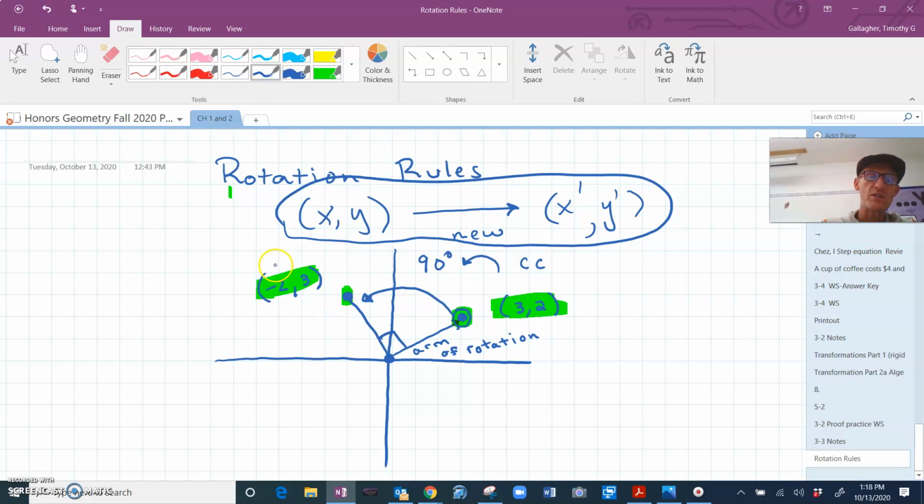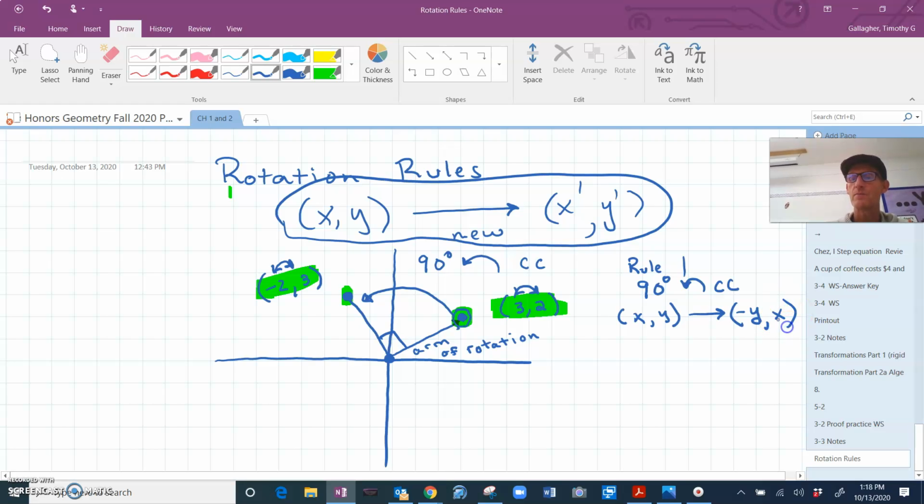First of all, you can see that the X and Y switch, but instead of Y, it's negative Y. So call this rule 1: if I go 90 degrees counterclockwise, (X, Y) will always translate to (-Y, X).